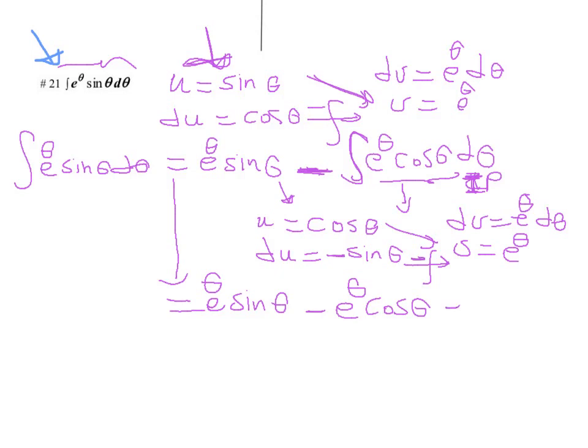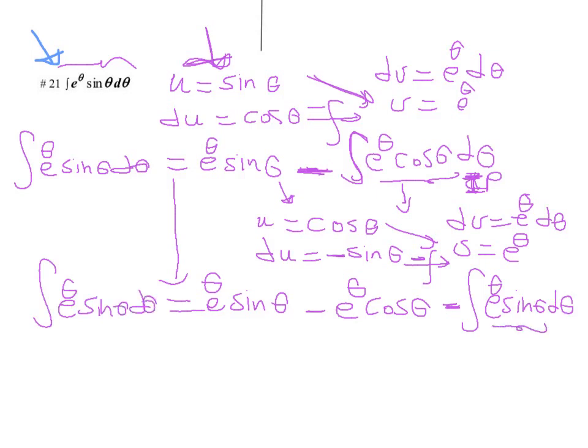So this will be minus the integration of e^θ sin θ dθ. Now this is very interesting because we are getting again an integration of exponential and trigonometry, but it is similar to this integration. So it will come to this side and it will be plus. This is minus, so if it comes to the other side, it will be plus.